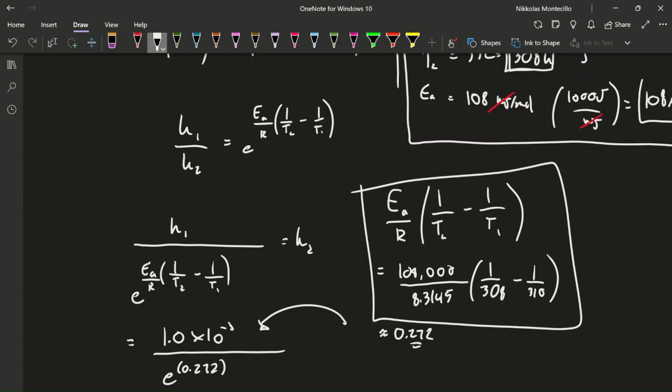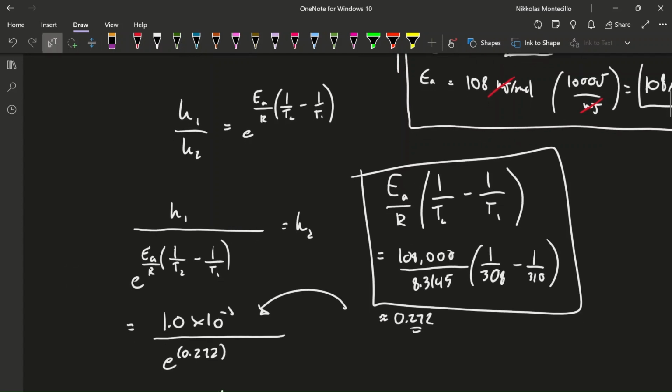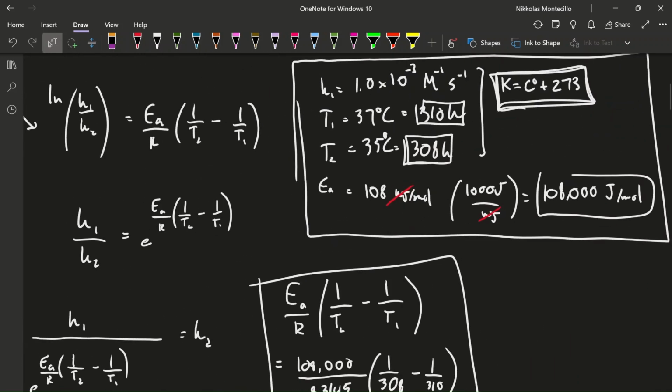I wanted to solve for this first because it's a pretty elaborate calculation. So 108,000 joules per mole over the universal gas constant times 1 over 308 minus 1 over 310, T2 and T1, right?